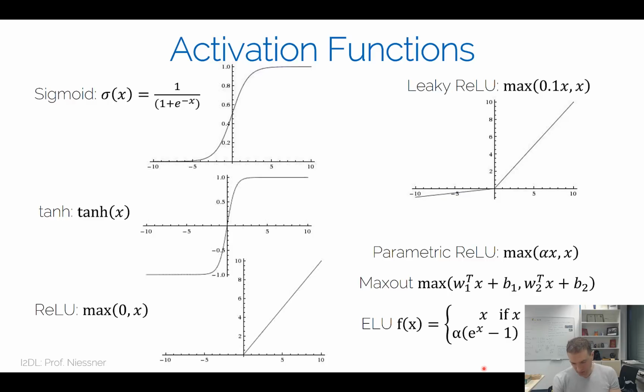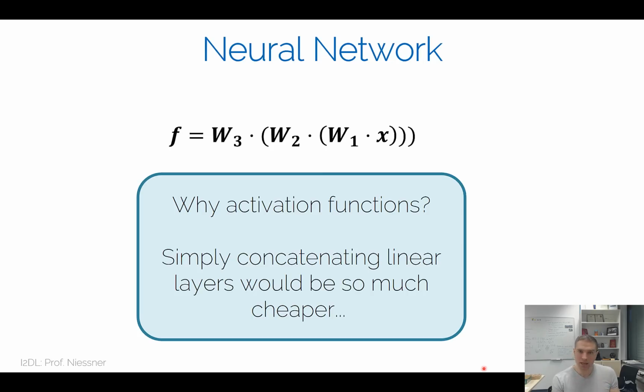Okay, so quick summary. Neural networks are a stacking of these linear functions. Now, the point I wanted to make is that we need these activations, because if we simply concatenate the W's together, it sounds a lot cheaper and looks pretty good. But if you're multiplying two matrices, you're just going to get yet another matrix.